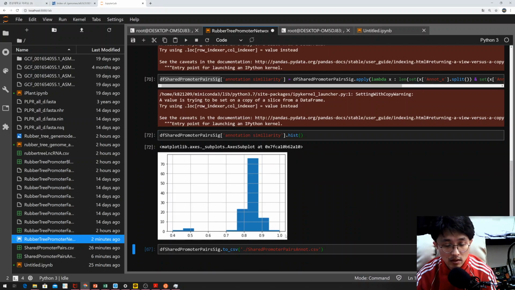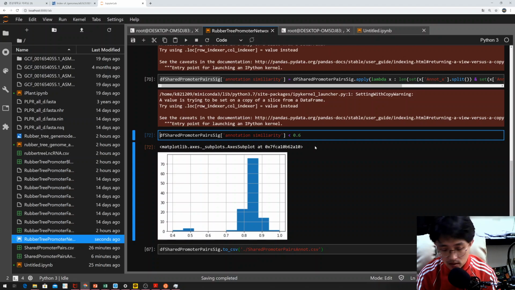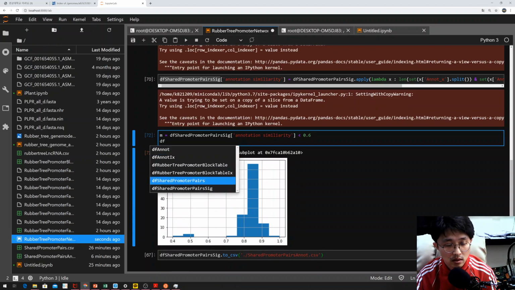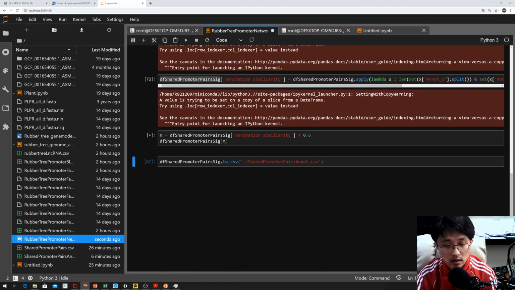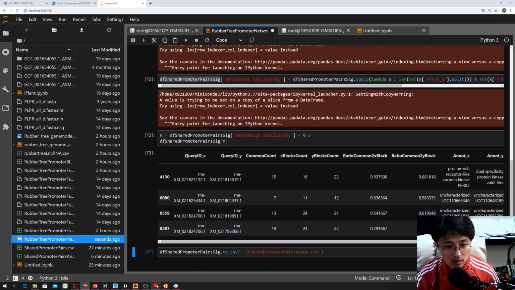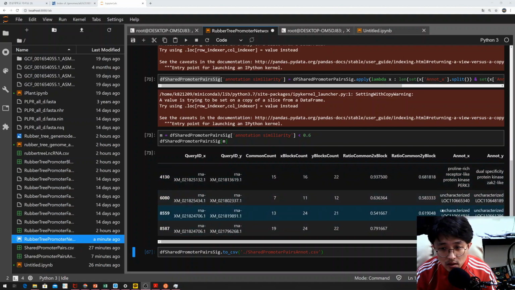So everything is like this, but maybe I can put the threshold 0.6 and mask here. Let's see. Okay, then we can see more easily.